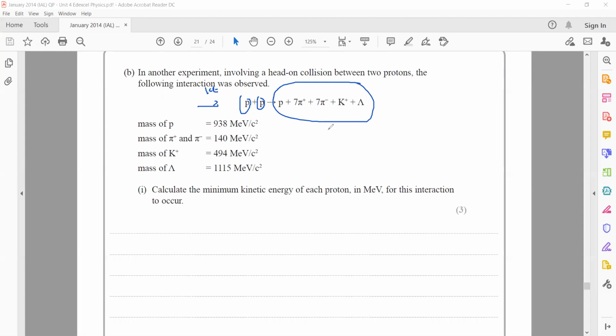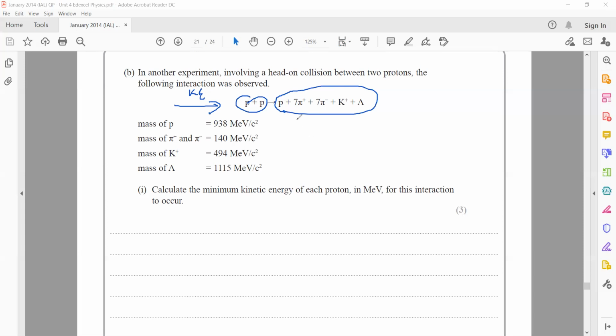So we need a kinetic energy. Look, for example, I will get the total mass energy which is equivalent to the mass required to produce these particles, and I will know how much energy these two protons can supply. So when I take the difference, I will know how much extra energy I have to supply to these protons to produce this combination.